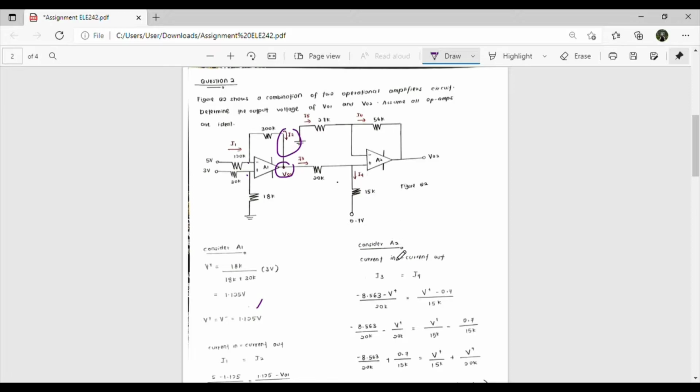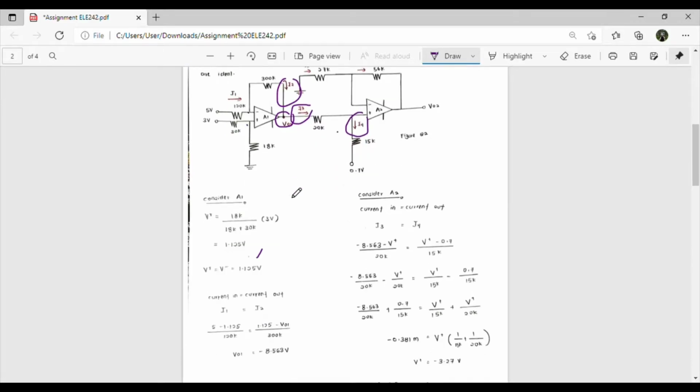When considering A2, I also apply current in equal to current out, where here is I3 and here is I4. Then I3 is V01, negative 8.563, minus V plus here divided by 20k, and then V plus minus 0.7 divided by 15k.